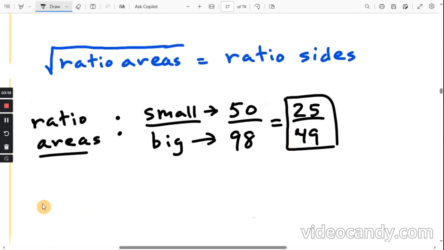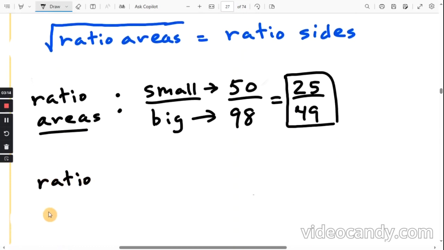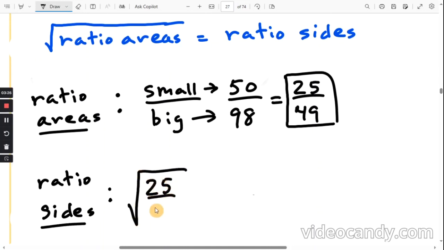So the ratio of the sides, that's going to be the square root of 25 over 49.